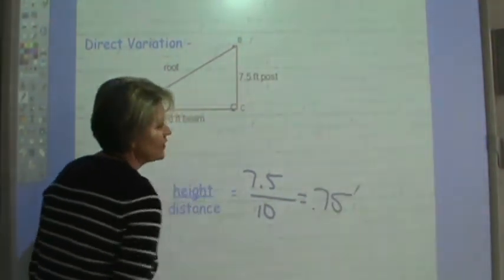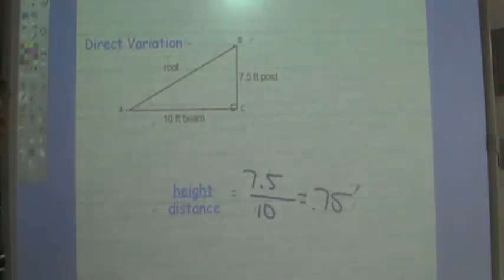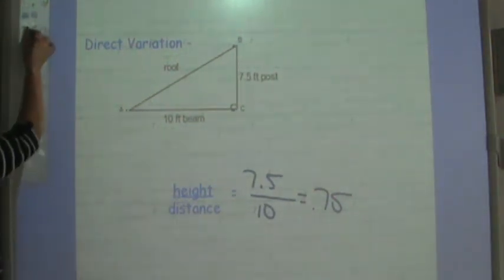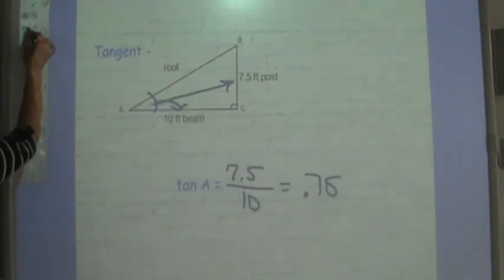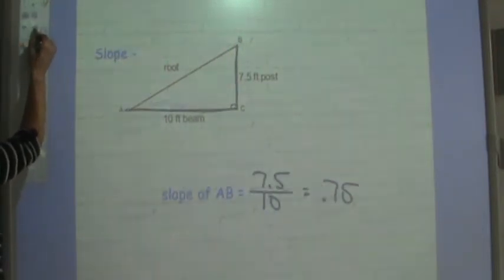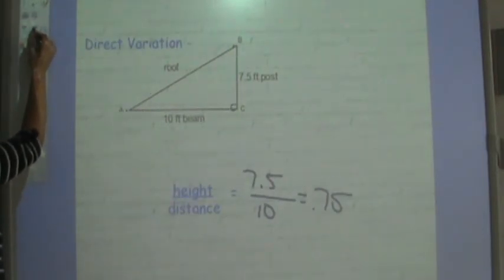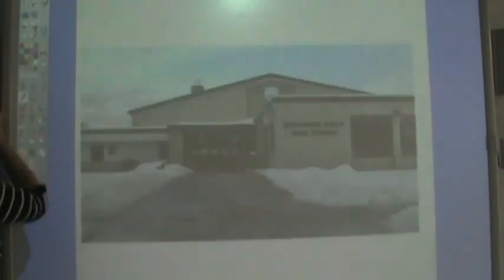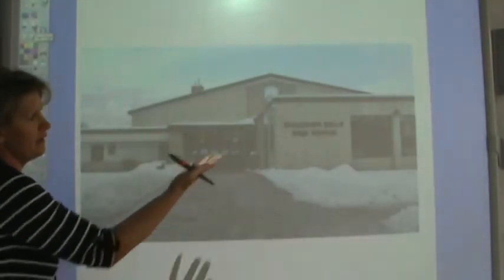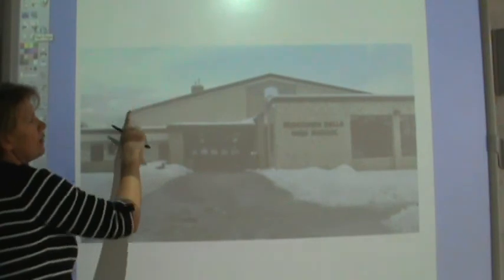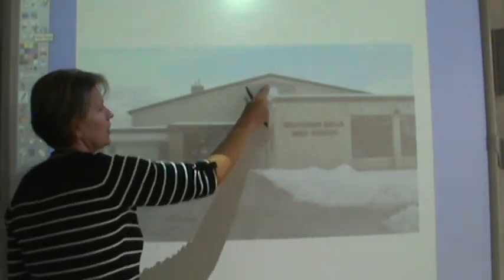So 0.75. The reason they put all three of these together is because they all have the same relationship, where we had the opposite over adjacent, rise over run, and height over distance for our ratio. It could be put into play, for example, in our school. You get rise over run, and we can figure out what the slope of the roof is.